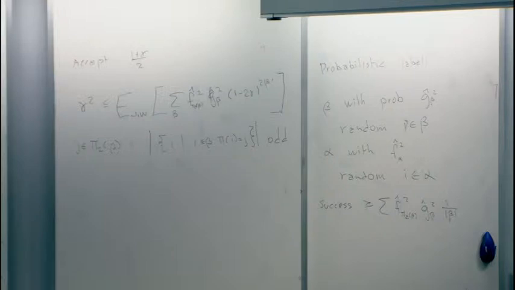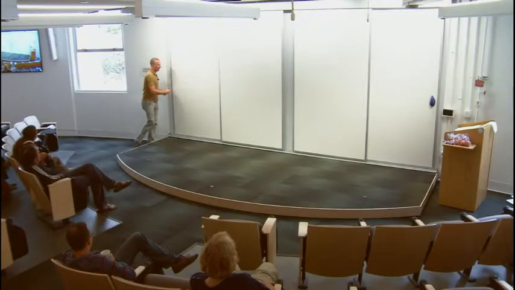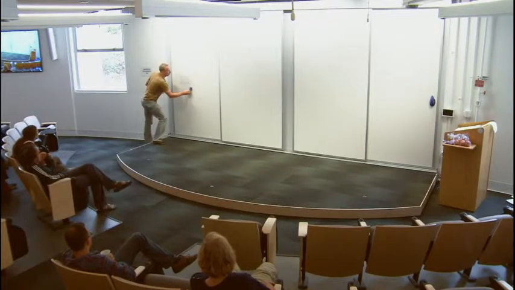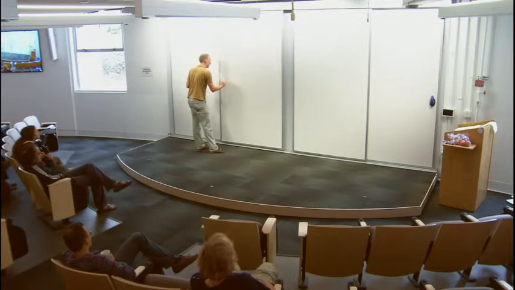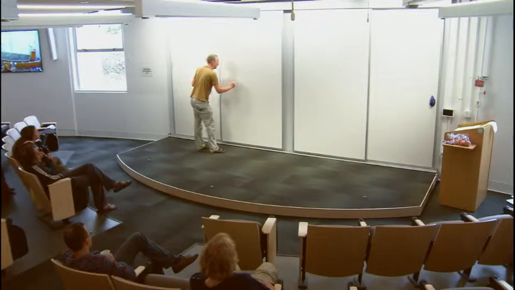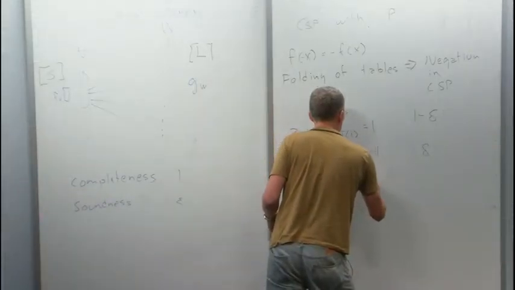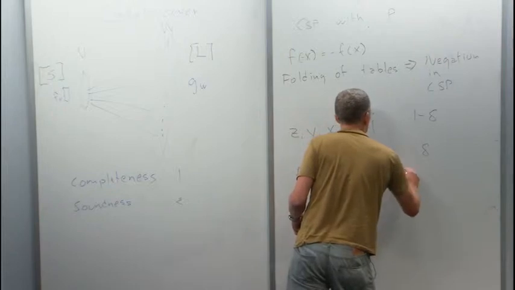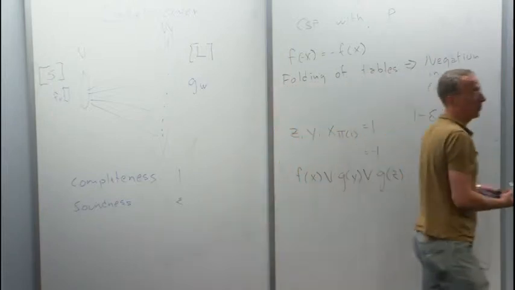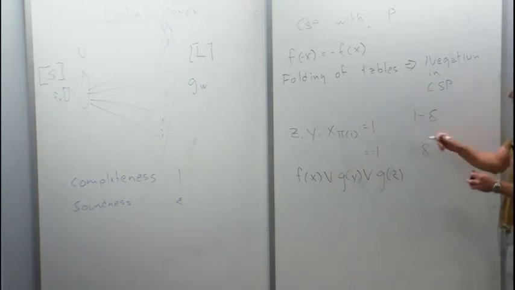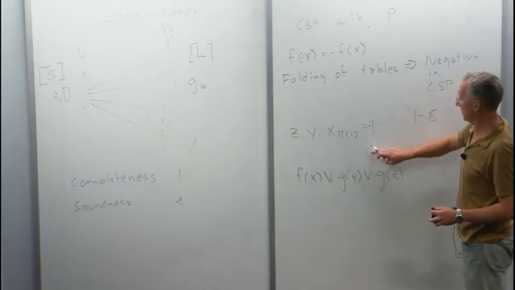So one thing we changed is when we were interested in max 3 sat, we should do the OR of these. The task, of course, is then in the end to check that f of x, g of y, g of z has this property. But we said, let's take this protocol that was initially done for parity, maybe change these two guys.